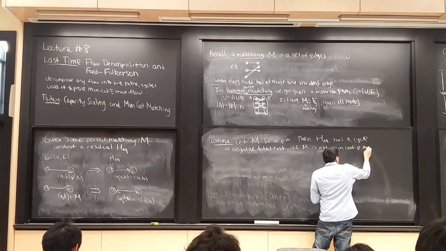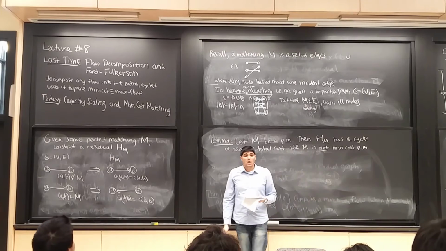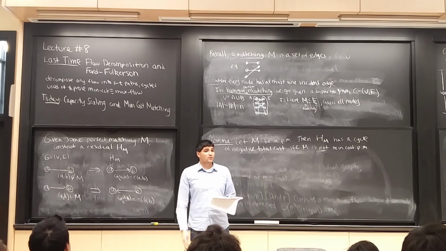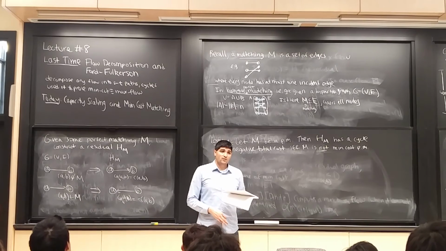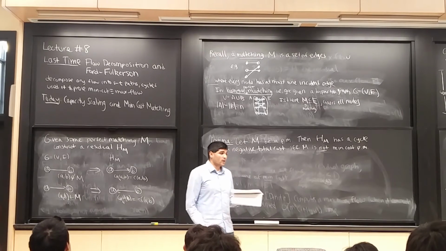That's our analog for if there is a negative cost cycle, we're going to make progress. And if we can't make progress this way, we're done. So this is the analog of augmenting paths. Does the lemma make sense?